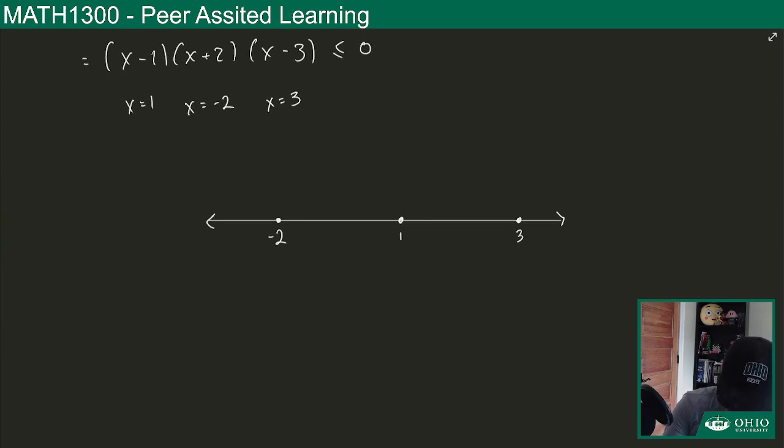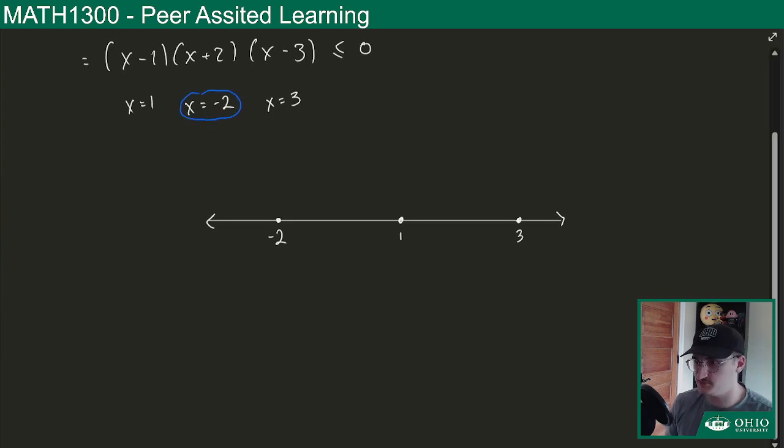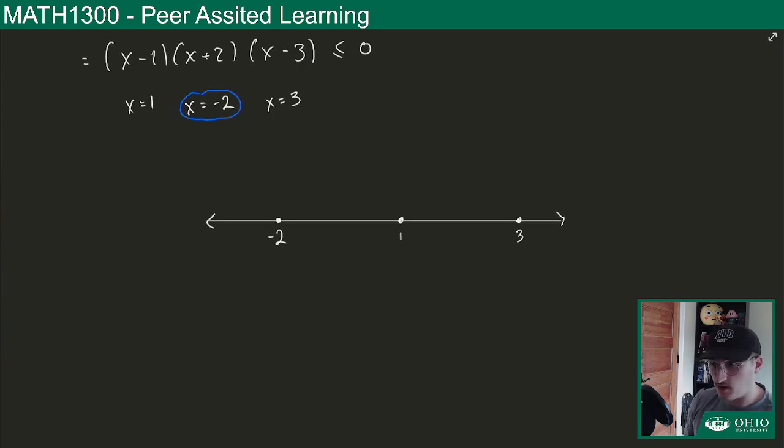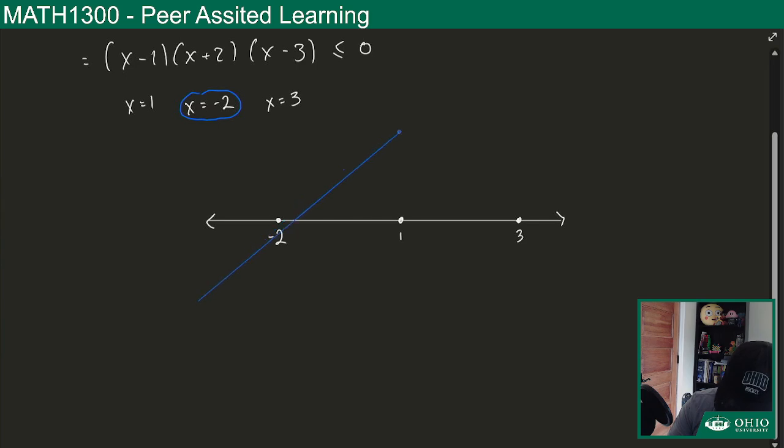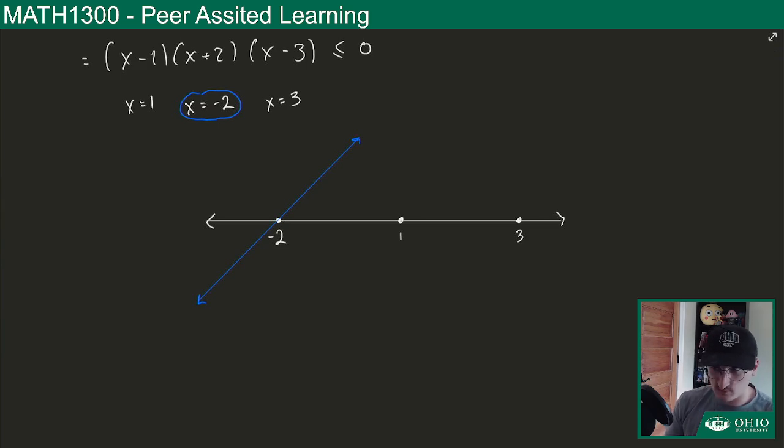I'm going to do -2 in blue. I'm going to look at this point of interest, -2, and ask myself, what kind of line produced this point? It's a positive linear line, and I'm going to draw this positive linear line through -2. And we want to think just for a moment, what is this conveying to us? I don't actually care what x minus 2 looks like on a graph.